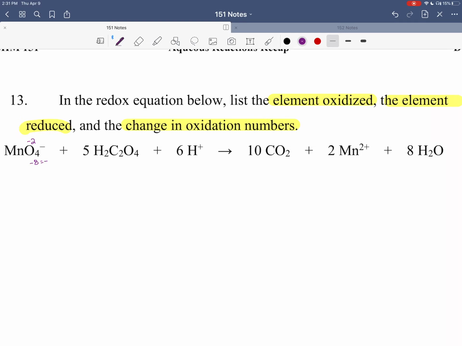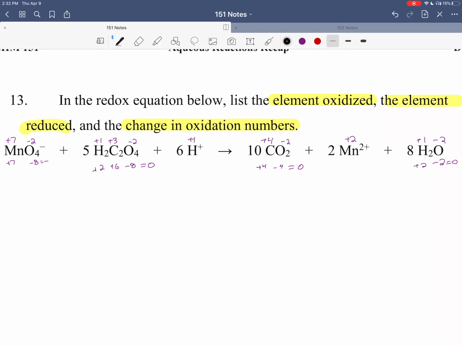That's a -8, so there has to be a plus 7 for manganese. Oxalic acid, 0, -2, plus 1, so it looks like carbon is at plus 3 each, plus 6 underneath. CO2, I have -2, so that's -4 plus 4.